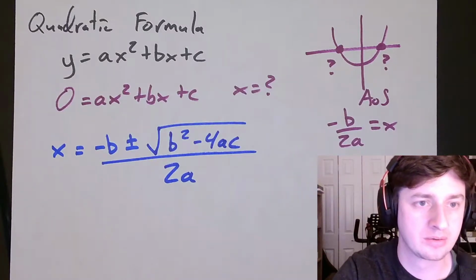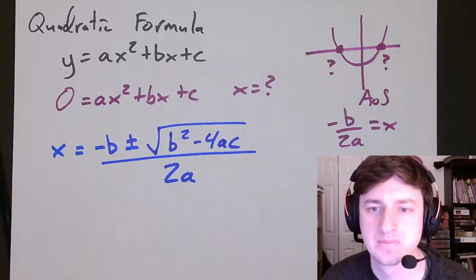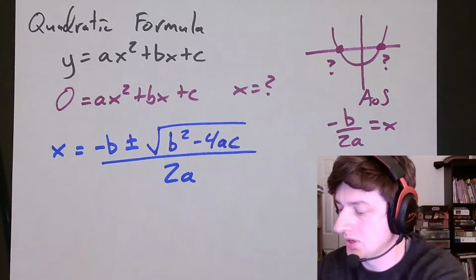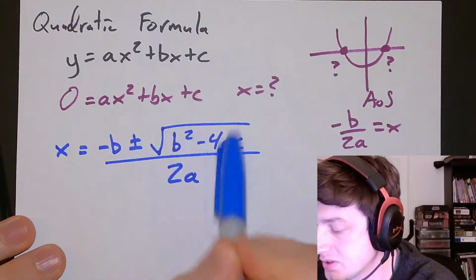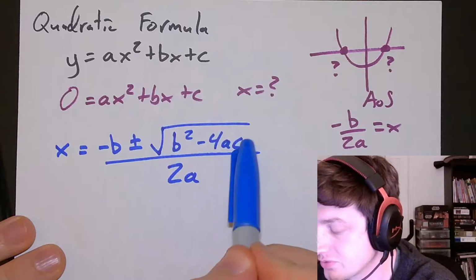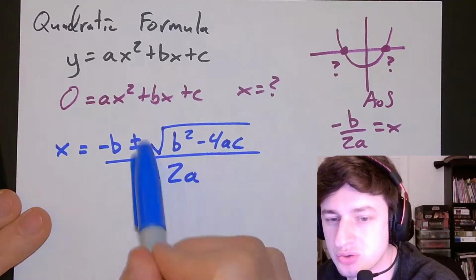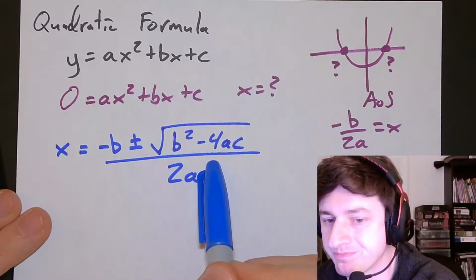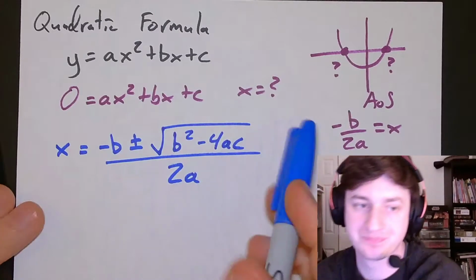So here we have negative b over 2a plus or minus this piece, the square root of b squared minus 4ac, also divided by 2a. We've just combined the two fractions into a single fraction.